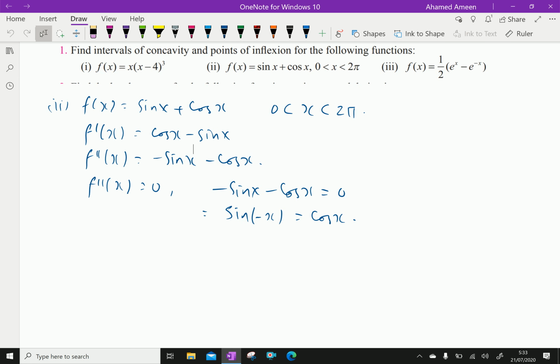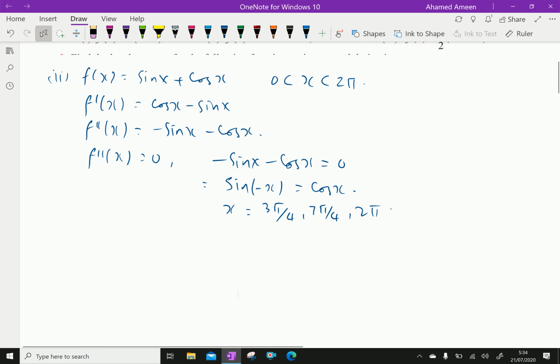Then we can say x is 3 pi by 4, and as well as 7 pi by 4. Three pi by 4, 7 pi by 4, and 2 pi.